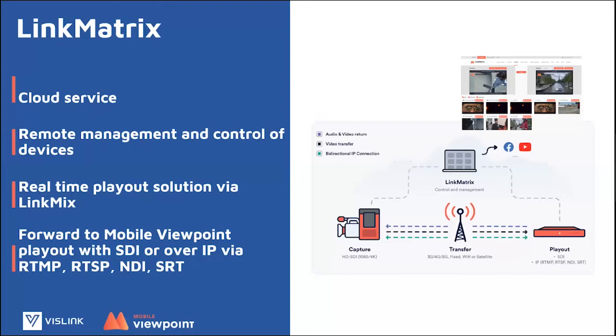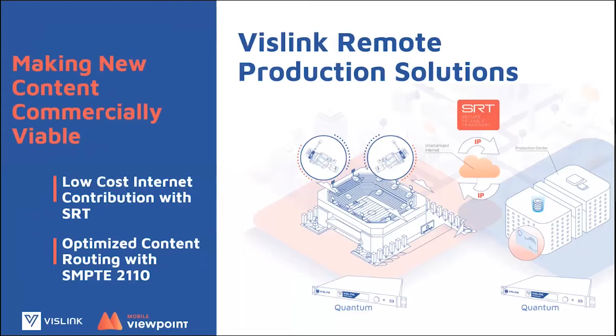That's really great. And since we've been talking a lot about remote production and enabling people to produce content more efficiently, within the Vislink world of OFDM wireless camera systems, Vislink has recently brought out the Quantum receiver, which you may have seen. With the Quantum receiver, we've been enabling people to move into remote production as well.